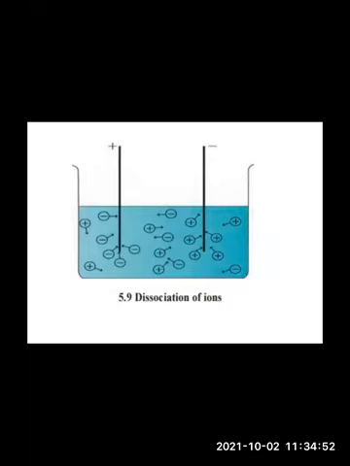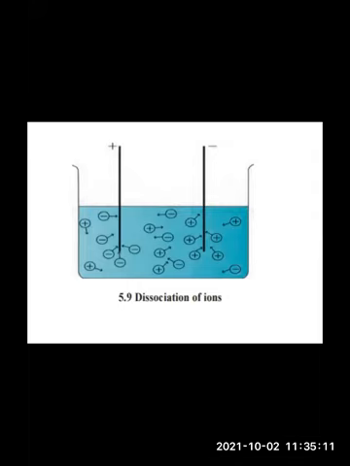Out of these, suppose you take NaCl and CuSO4, what can we say about them? They are salts. Before beginning this, I would like to inform you regarding salt. What is salt? There are 3 types of salt: acidic, basic, and neutral salt.